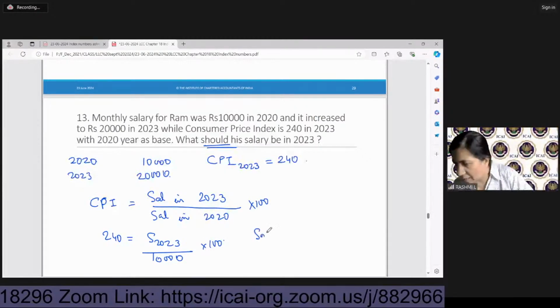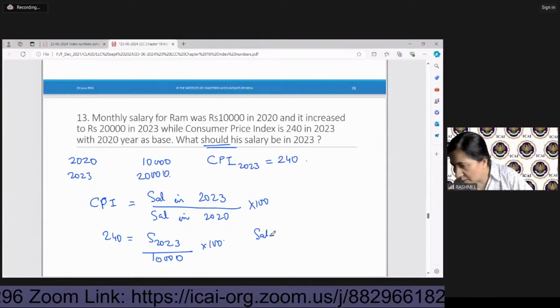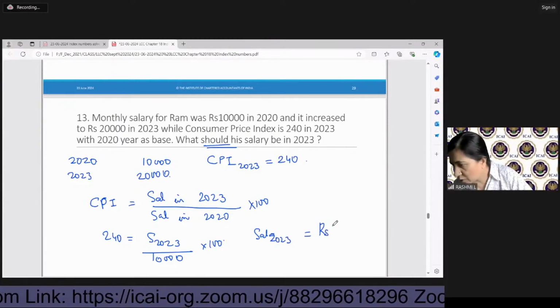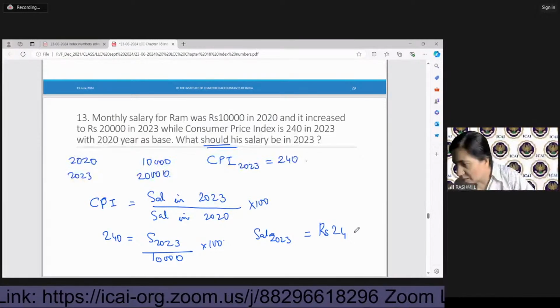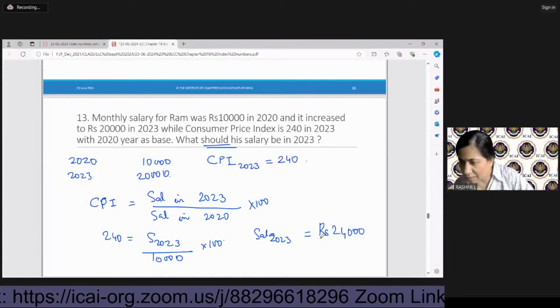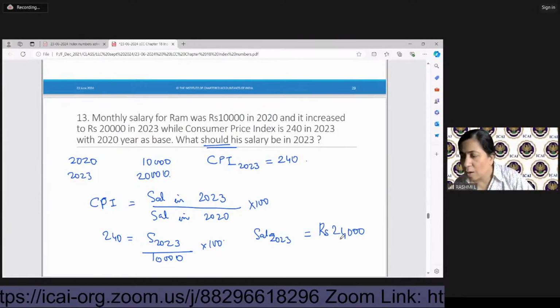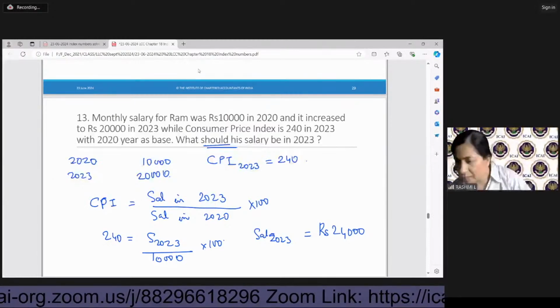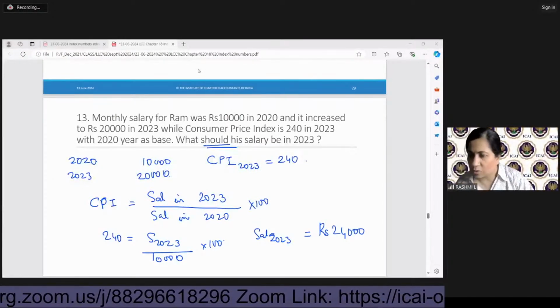So salary in the year 2023 is 24,000. Cross multiply and you will get it. So how much should his salary be? 24,000. How much is the salary he is getting? 20,000.